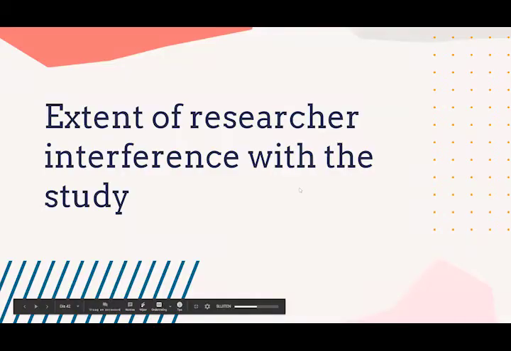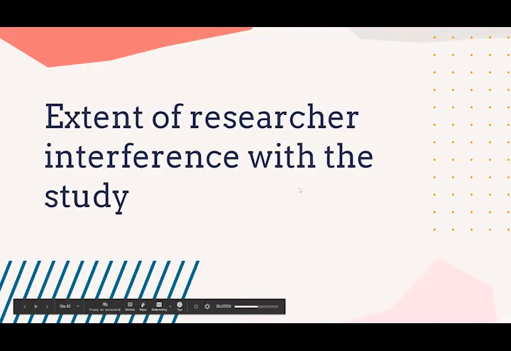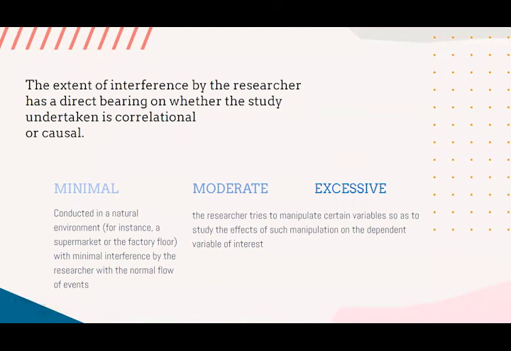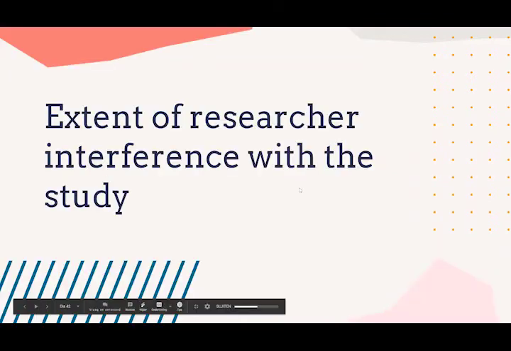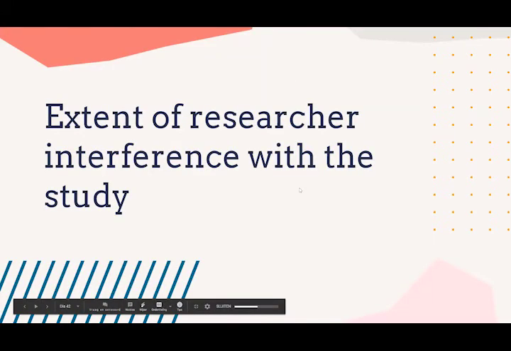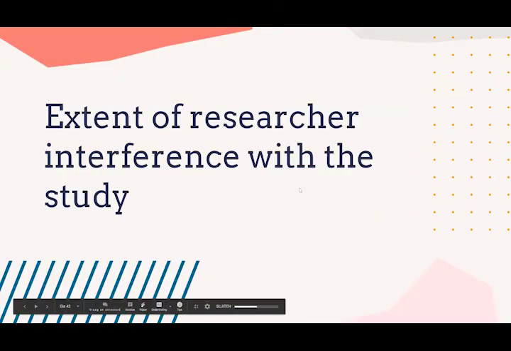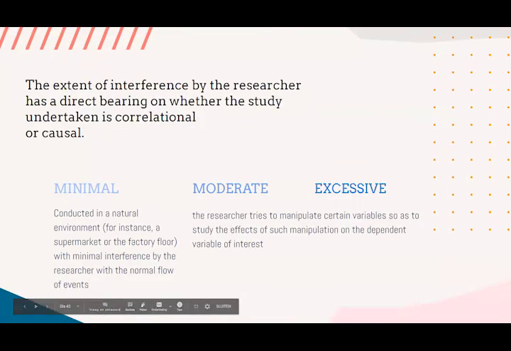The extent of interference by the researcher has a direct bearing on whether the study undertaken is correlational or causal. These are the varying degrees of interference by the researcher. There are minimal, moderate, and excessive. Minimal is conducted in a natural environment, like a supermarket or the factory floor, with minimal interference by the researcher with the normal flow of events.